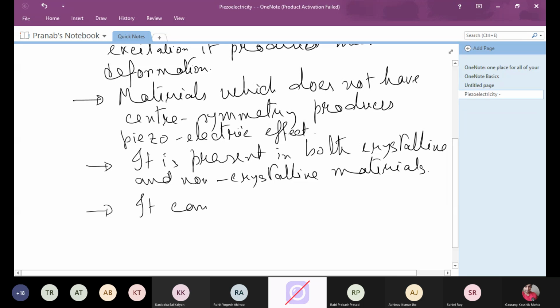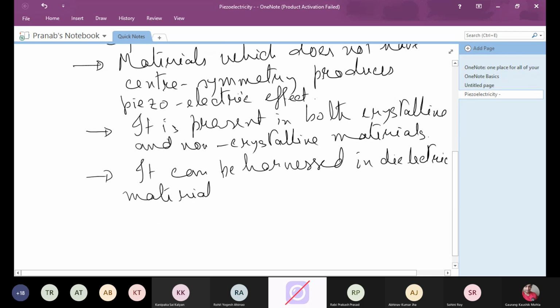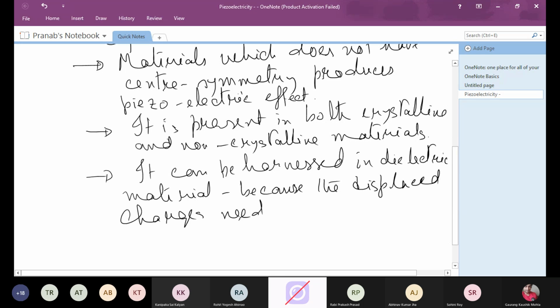It is found mainly in dielectric material, because the displaced charges need to be made available across the two surfaces.